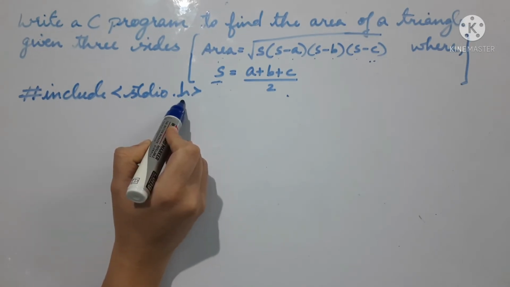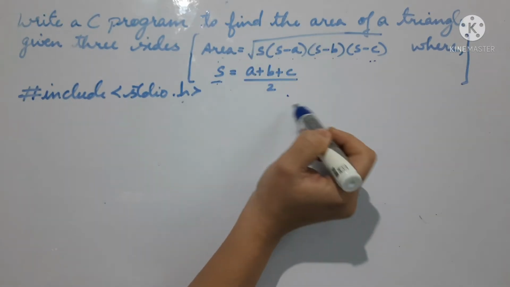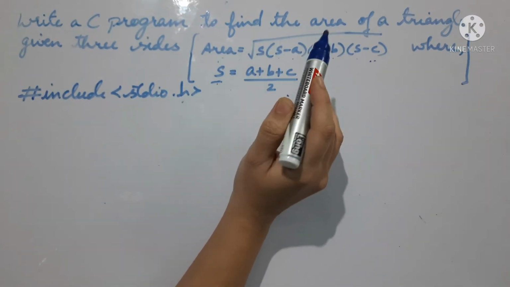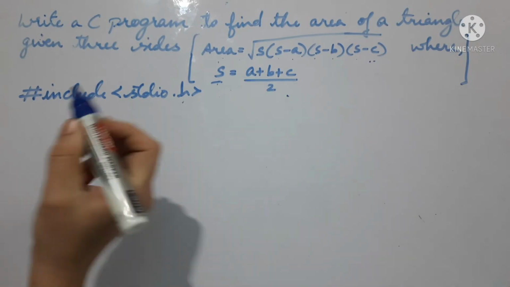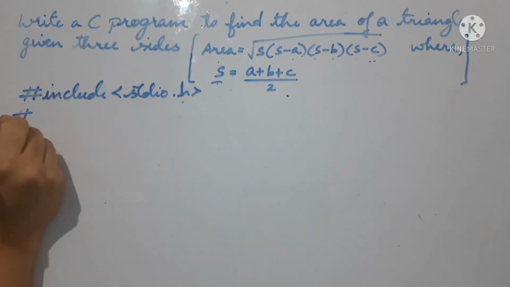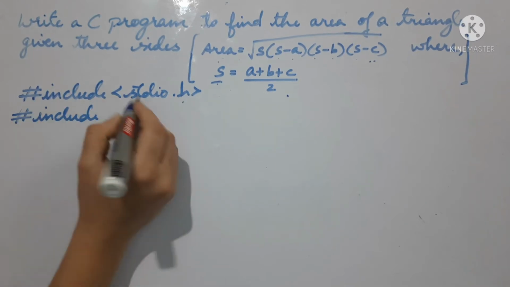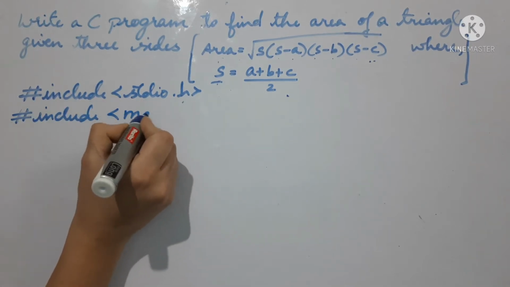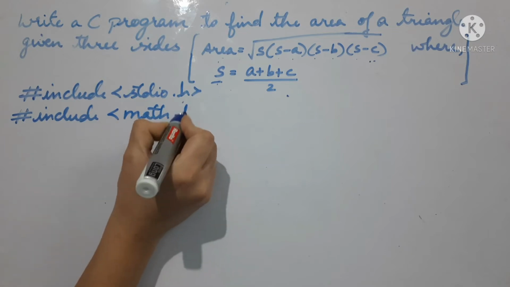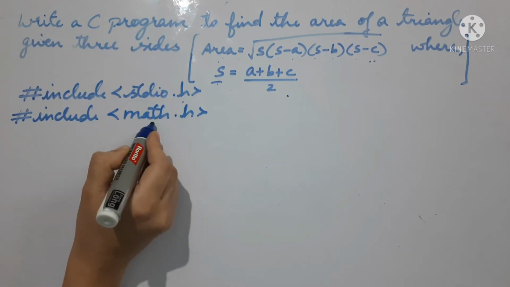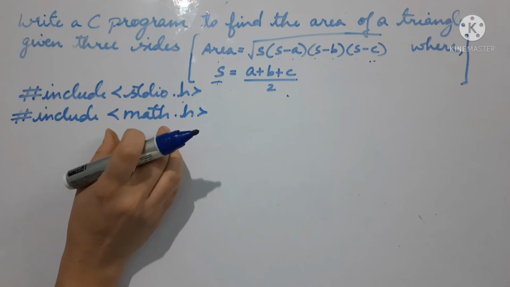Next thing we have is, since we are making use of calculations that involves mathematics, so let me include one more library function, that is hash include math.h. So this math.h will be having certain formulas built in.